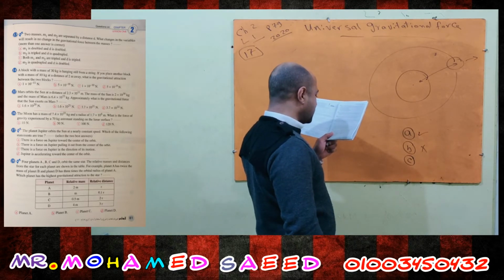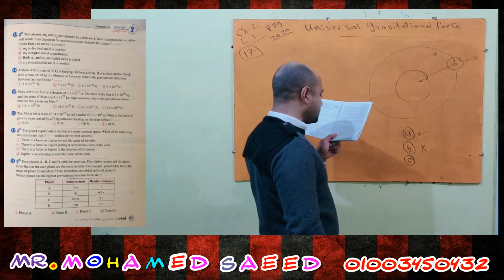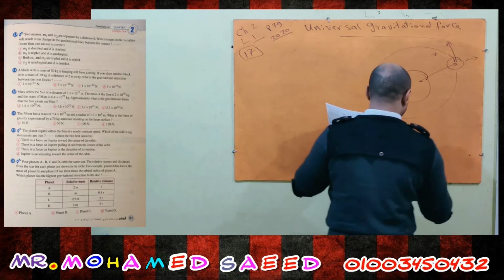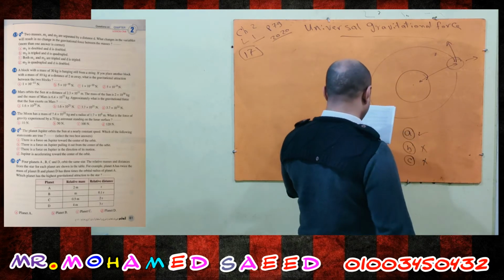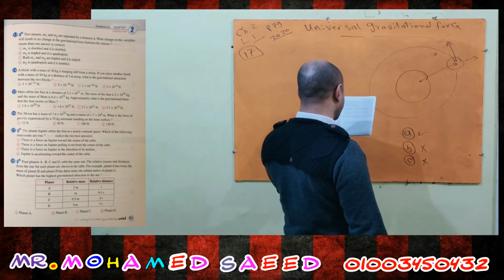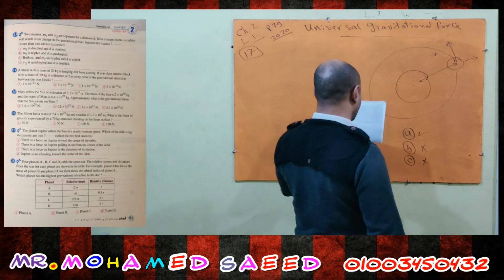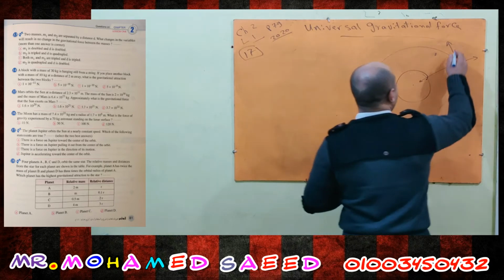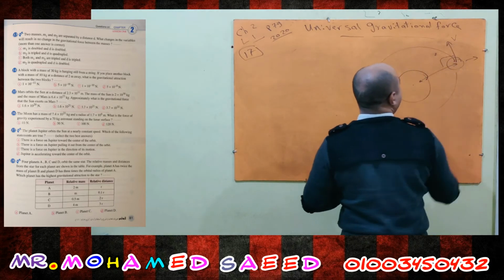C: there is a force on Jupiter in the direction of its motion. No, C is incorrect. D: there is acceleration towards the center of orbit. Yes, D also true. There is an acceleration because this force acts normally to the direction of movement.